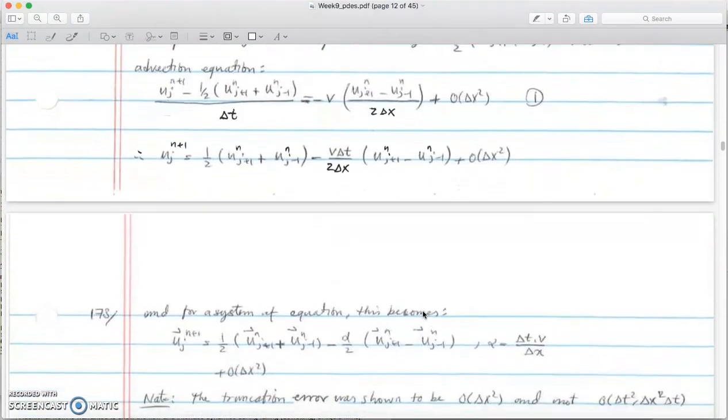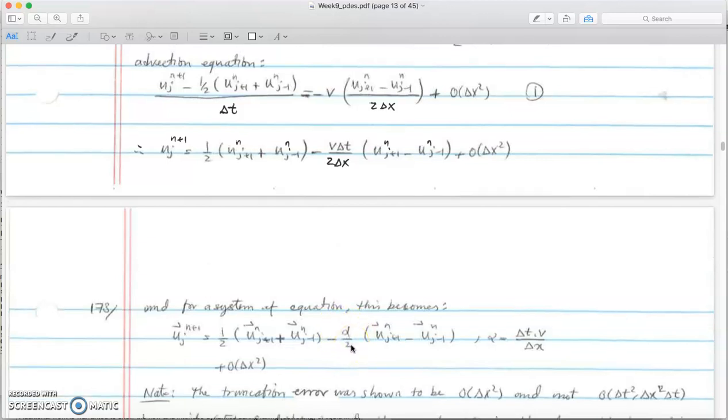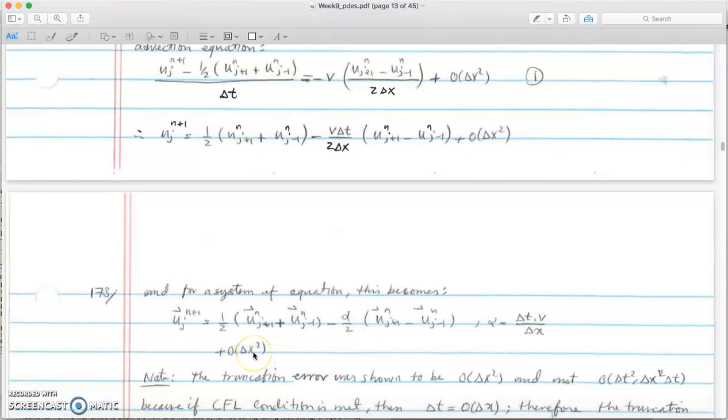Now we're going to replace our well-known v del t over del x by alpha, so we get 1 minus alpha over 2 over here. So this is second order in the space, by the way, because we're using central difference in spatial coordinates.